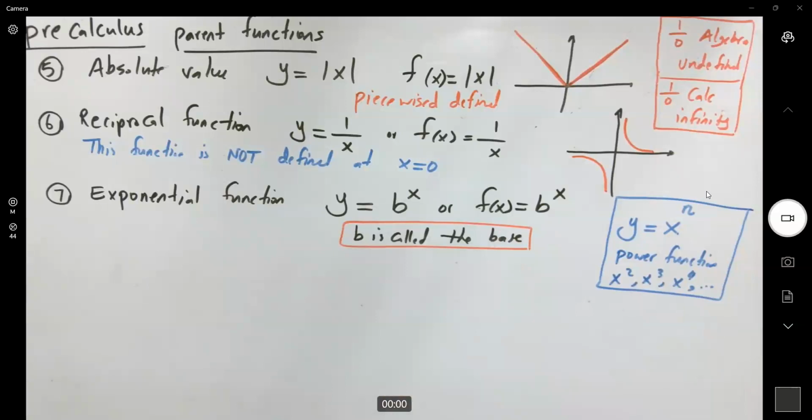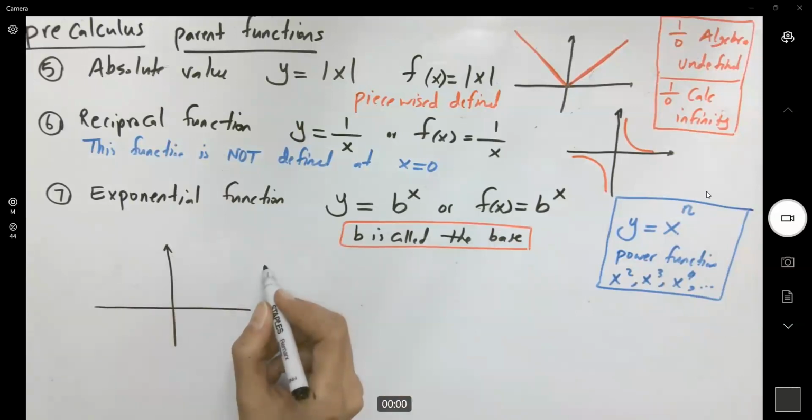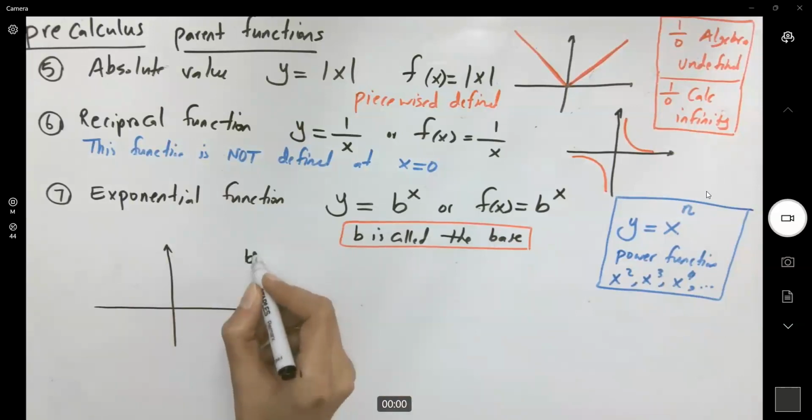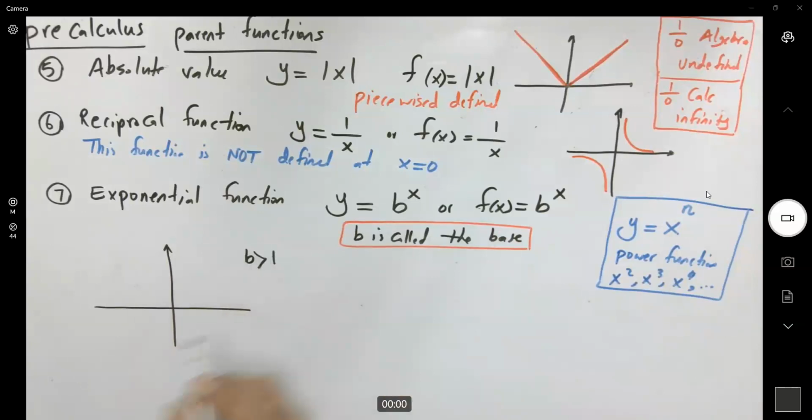So, talk about the graph. If the base b is larger than 1, then the graph is an increasing graph.